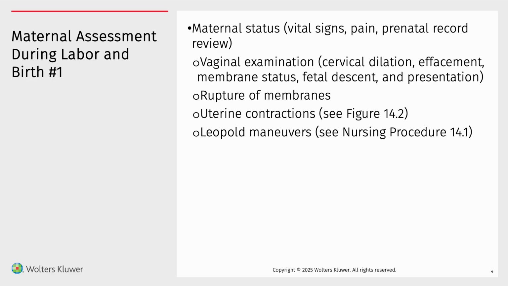Always evaluate the uterine contractions for frequency, duration, and intensity. You can refer to your book at 14.2 to reinforce how these are monitored and interpreted, especially when using an internal or external fetal monitor.